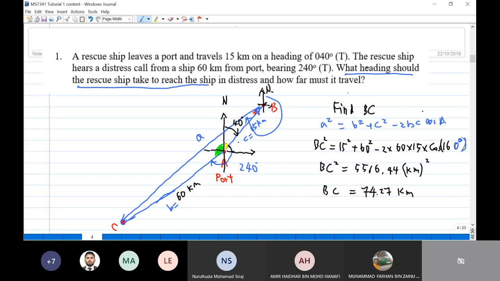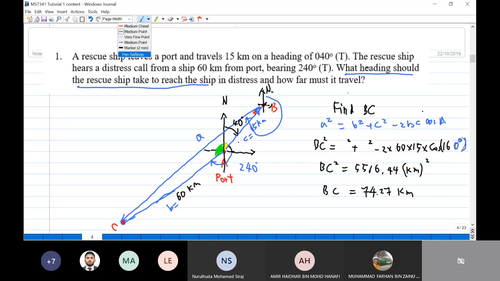Let me write them properly so that you can tally. So this is 60, this is 15.